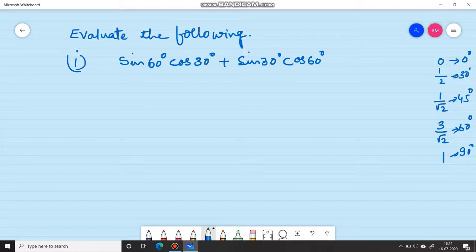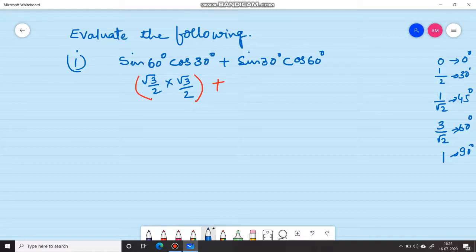Now see, sin 60 is root 3 by 2. So sin 60 is equal to cos 30. Therefore, you will write simply root 3 by 2 multiplied by root 3 by 2. Okay, so this we shall put in one bracket. Plus. Now the next one is sin 30, which will be equal to cos 60.